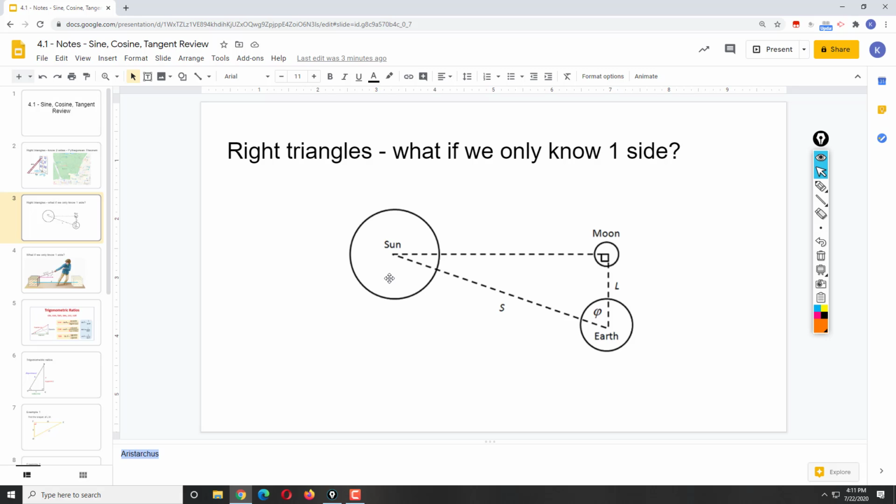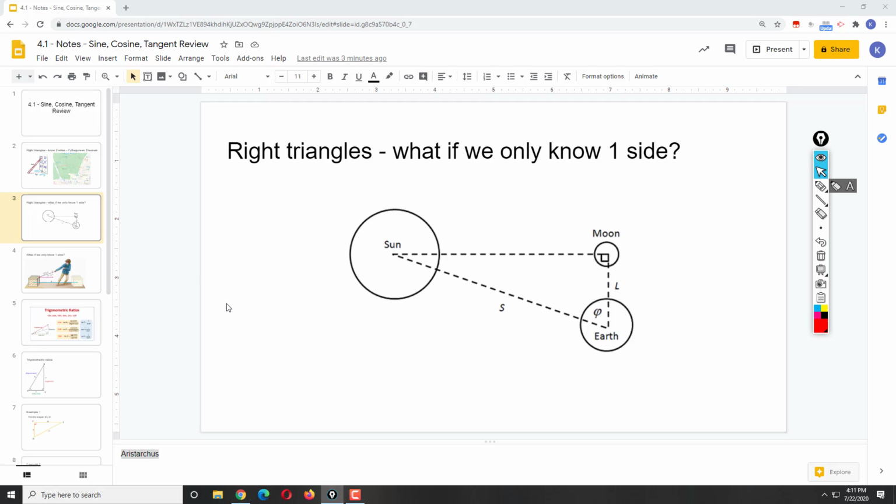So in this diagram, we see that we can figure out the angle between the Moon and the Sun. If we know this angle, we can figure out the ratio between our distance from the Earth to the Moon to the distance from the Earth to the Sun. Okay. So to solve this problem, we're going to need to use trigonometry.